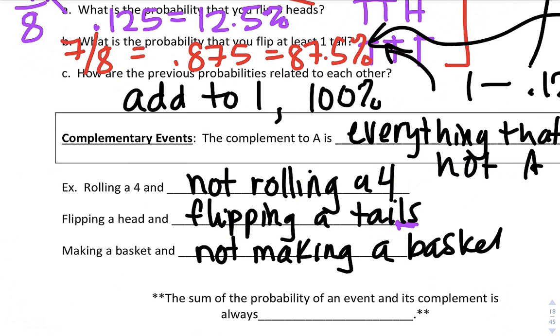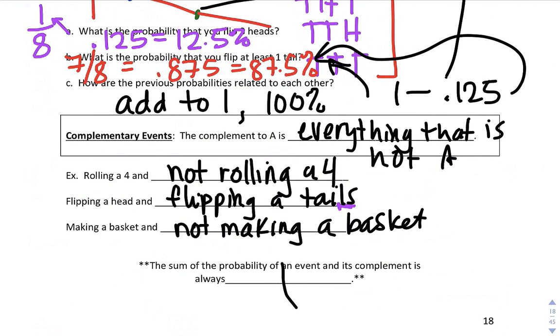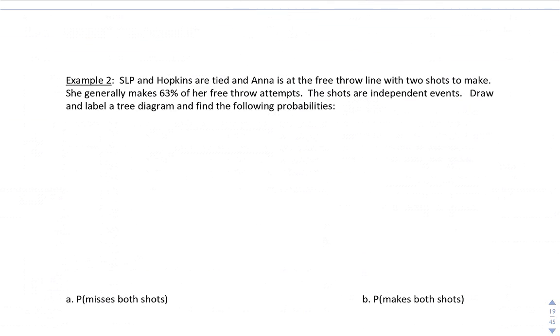So either it happens or it doesn't. The sum of the probability of an event and the event not happening is 1, or 100%. And we'll take a look at complement throughout the units, because sometimes it's faster to calculate the complement of a probability.